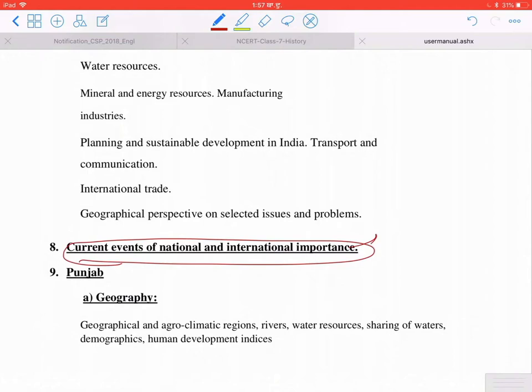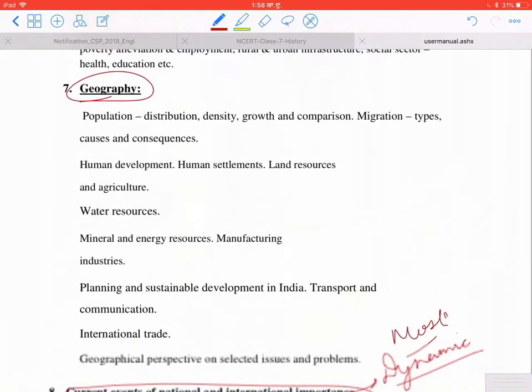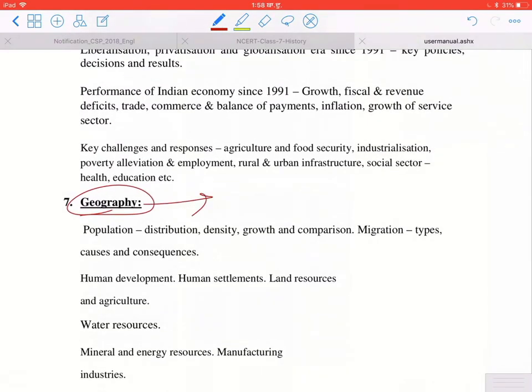This is by far the most dynamic part. And then Punjab geography, because you are preparing for this, you need to pay special attention to your geography section.